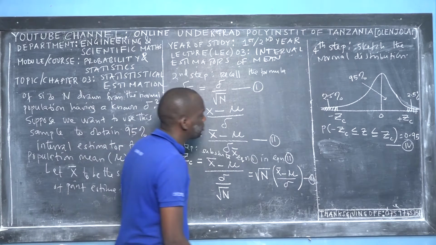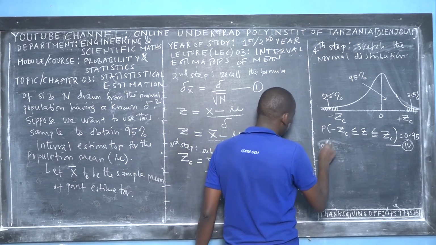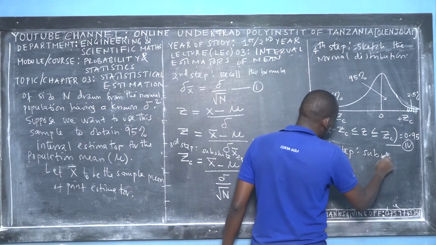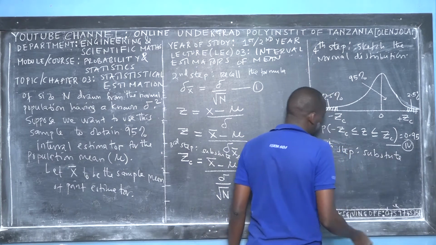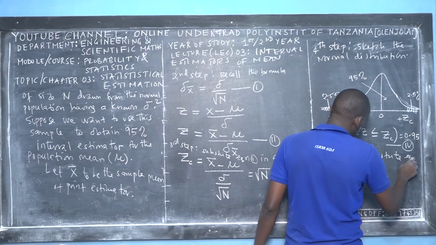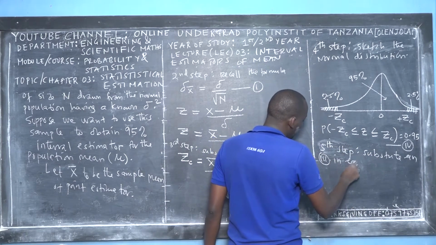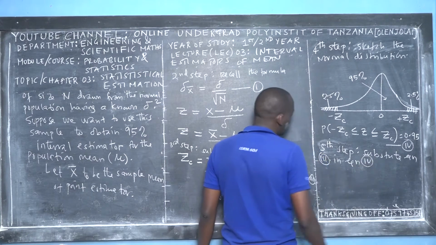But then let us substitute. So we go for the first step. We say substitute. The formula we are deducing is just simple, it's not difficult. Substitute equation 3 in equation 4. How?